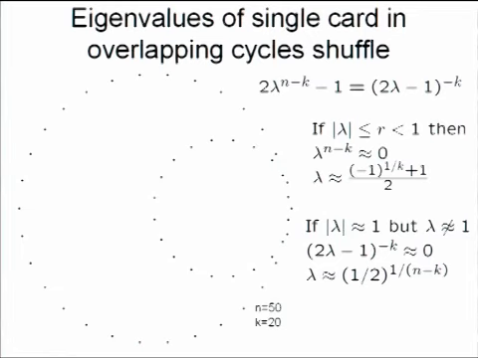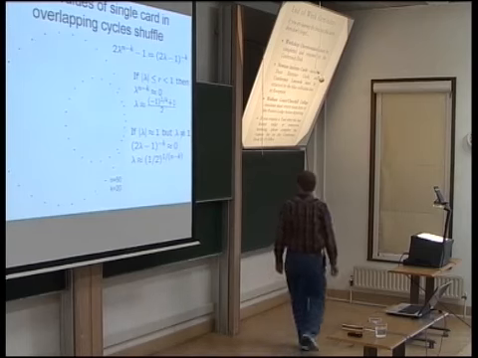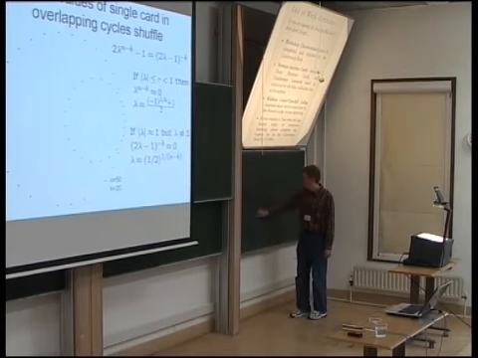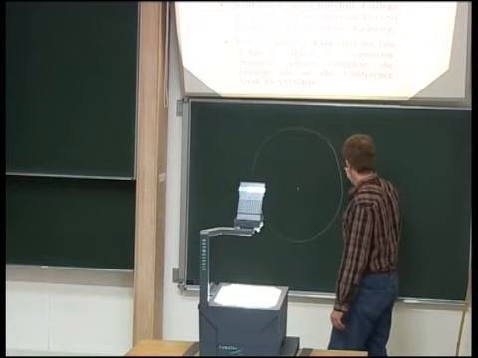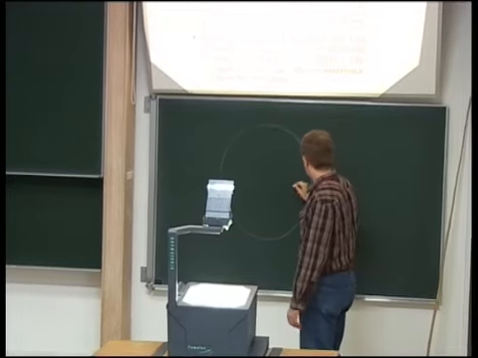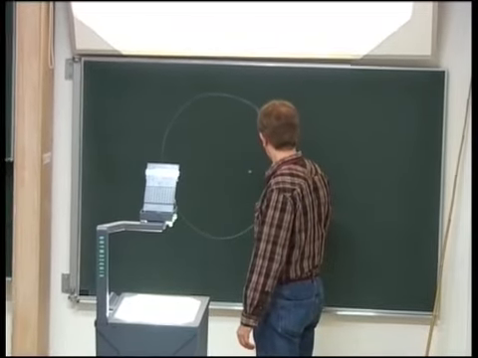Okay, let me draw a picture here. So this is 2 lambda. It's a circle of radius 2. And if we subtract 1, we move the center here.